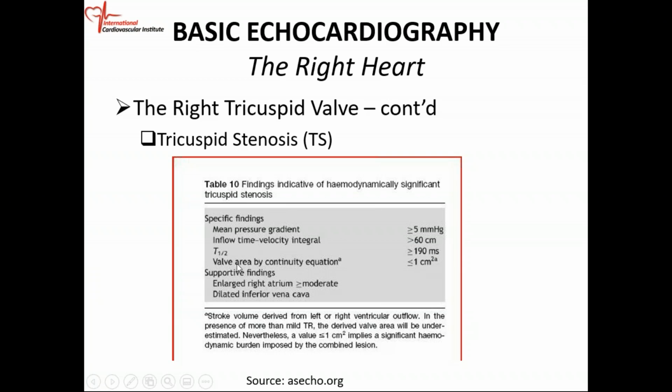And if you want to calculate the valve area, anything less than or equal to 1 centimeter squared suggests significant tricuspid stenosis. Supporting evidence is an enlarged, dilated right atrium and a dilated IVC.